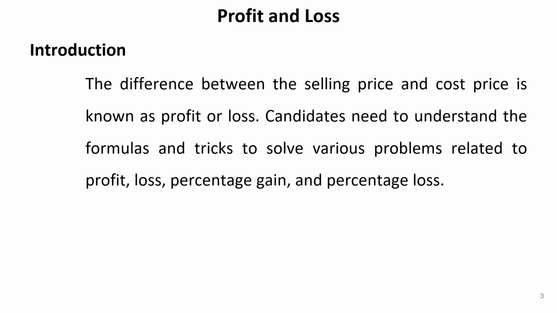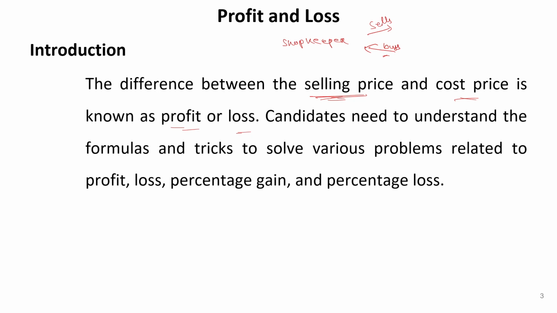So the difference between the selling price and the cost price is known as profit or loss. The first term that comes up here is selling price. What is the selling price? Let's say you are a shopkeeper. He buys and then he sells stuff. Selling means things go out, and bought things are coming in.